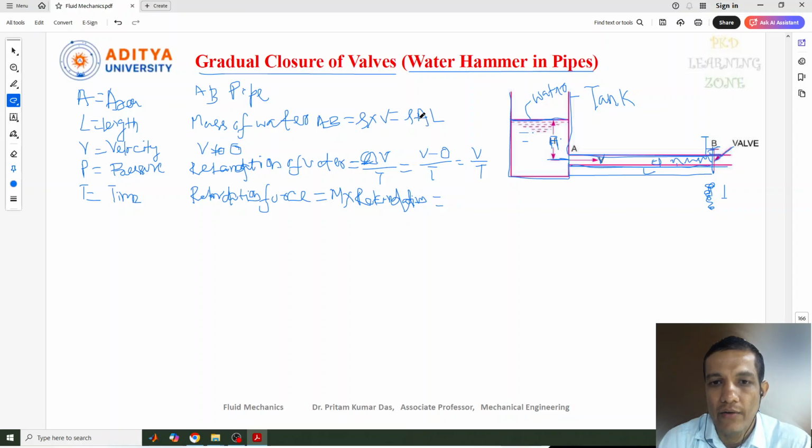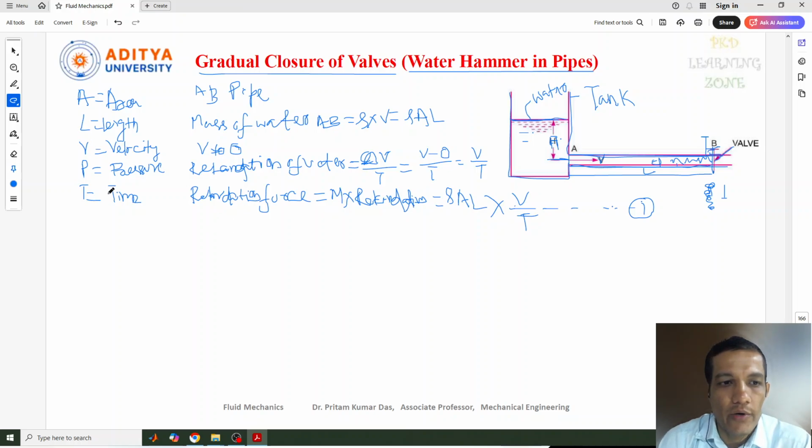The mass of the fluid we got here is rho AL, or you can say rho V. So rho into A into L, and the retardation is V by T. Let us call this equation 1. This is the retardation force.